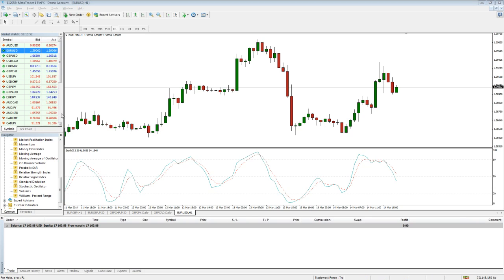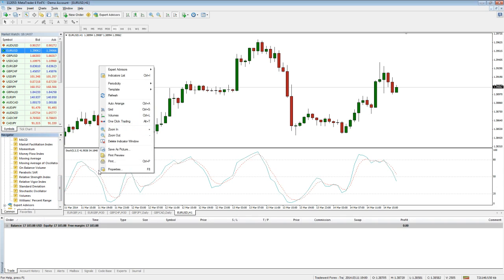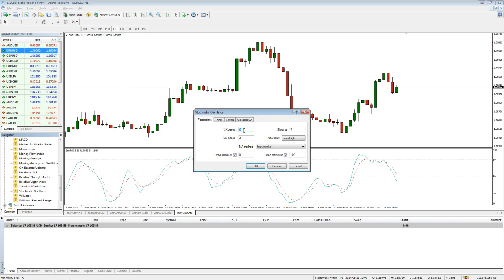But for now, we're just going to grab one of these euro-dollar 1 hour charts, and I've applied the stochastics. I just found that over here in the indicator list, stochastic oscillator. And what I've got is those settings. We've got the 5 for the K, 3 for the D, 3 for slowing. Everything else I leave the same.